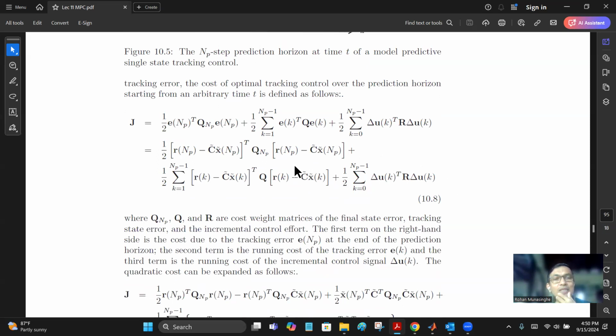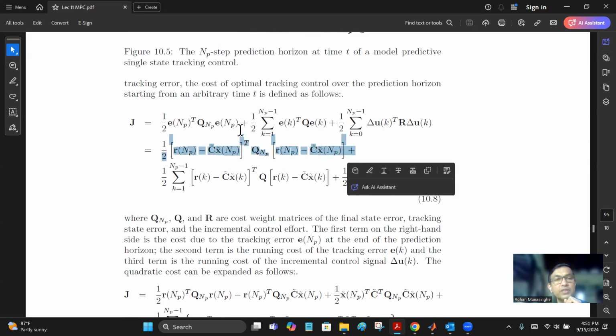Next, we replace the error using this expression, because you know error is reference minus output. So this is reference, this is output, and it is transposed, and the error at the end point of the horizon is again this one. Up to this point, this whole thing is just the first term over here.